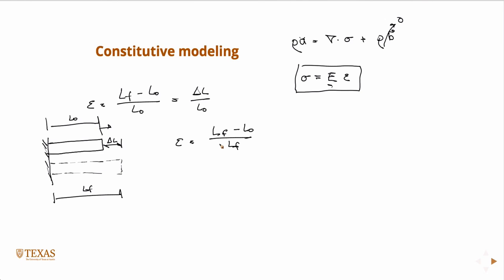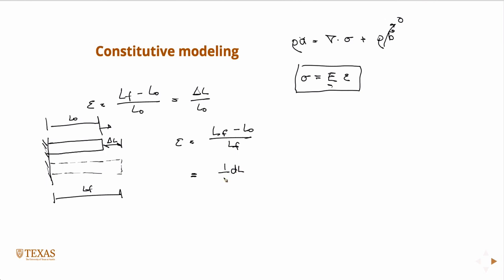What if I had the instantaneous length? So I'm pulling on the bar. So the final length is actually changing if I'm continuously pulling on the bar. So in that case, I had the instantaneous length.